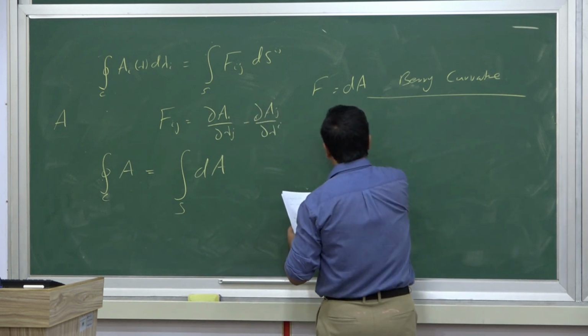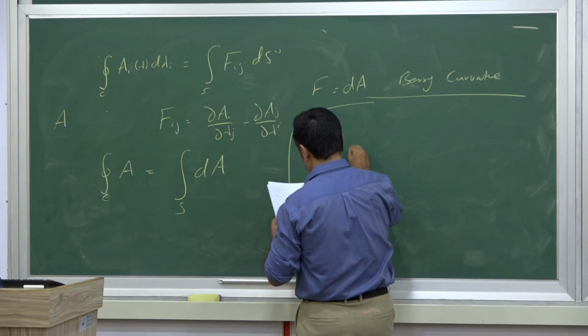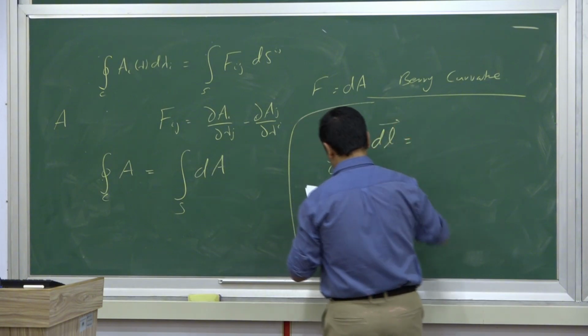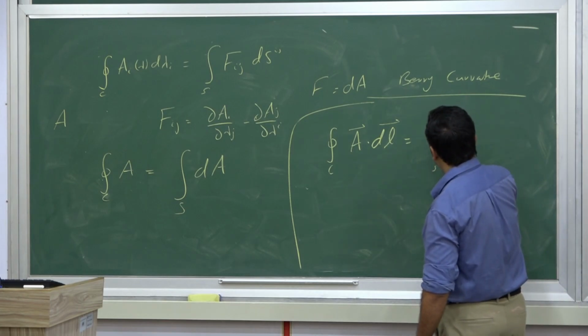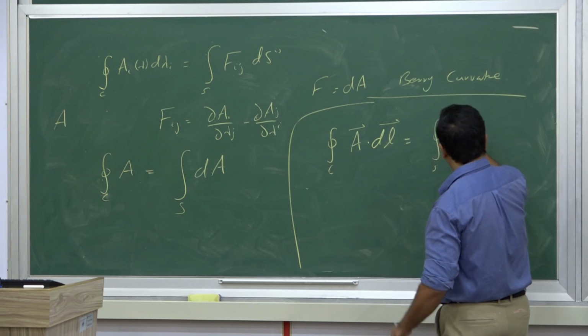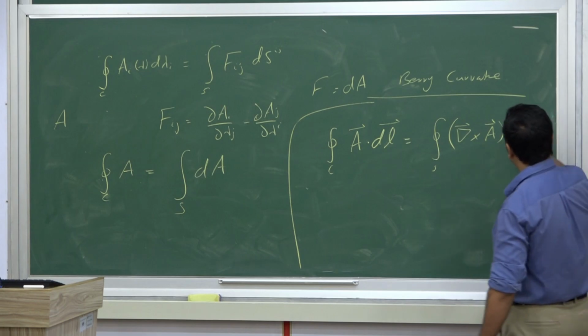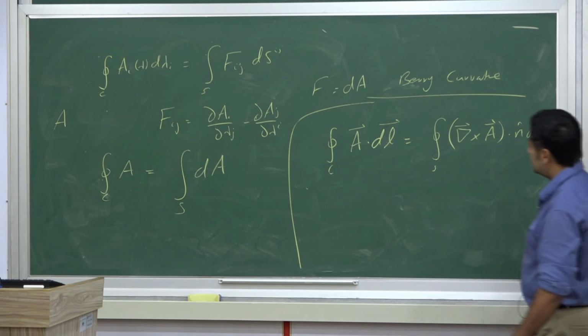So in 3D, that thing is just A dot dl. So you're applying Stokes' theorem, which gives you del cross A. So suppose your parameter space is 3-dimensional or 2D, then you can use Stokes' theorem over there.